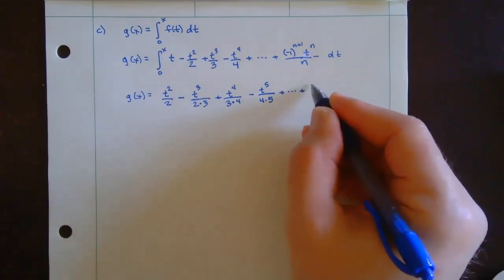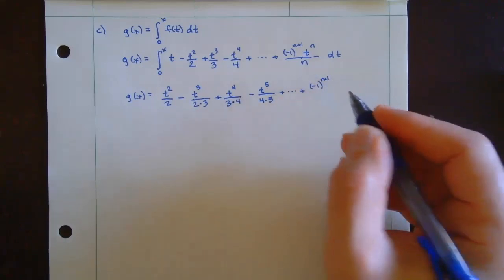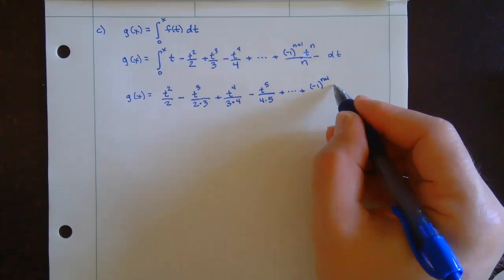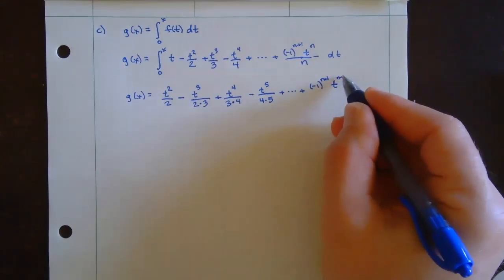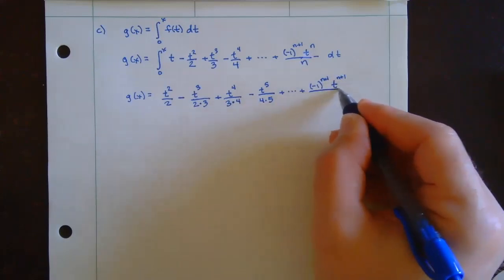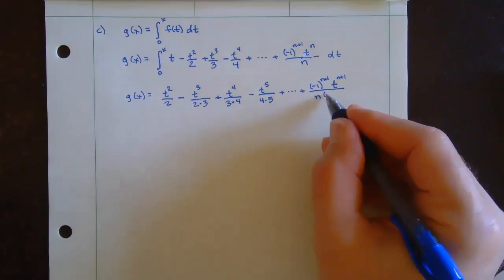And then plus negative 1 to the n plus 1, and this would be t to the n plus 1 over n, and you notice from over here, this would be n plus 1.